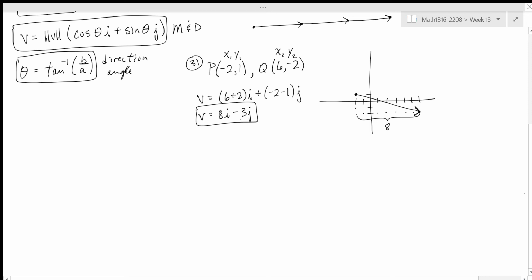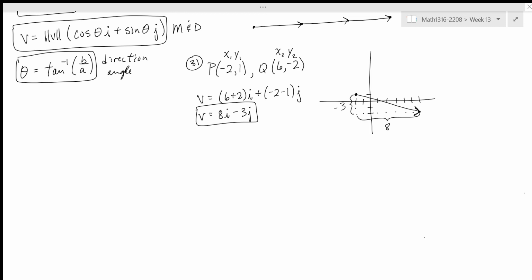What does the j represent? And do y'all see that it is negative, which indicates down direction? And positive 8 means to the right 8. Everybody see exactly what that means in relationship to the picture? X component and y component of the vector.